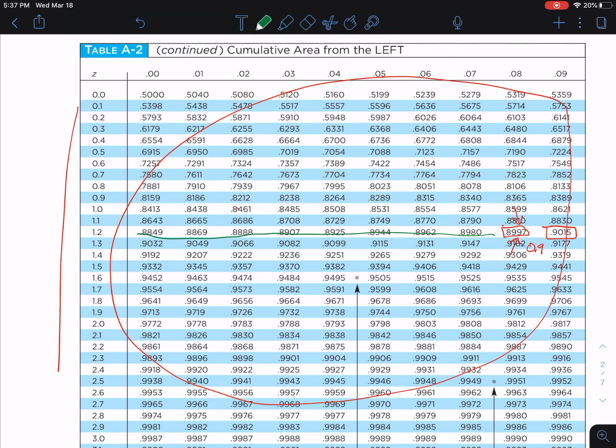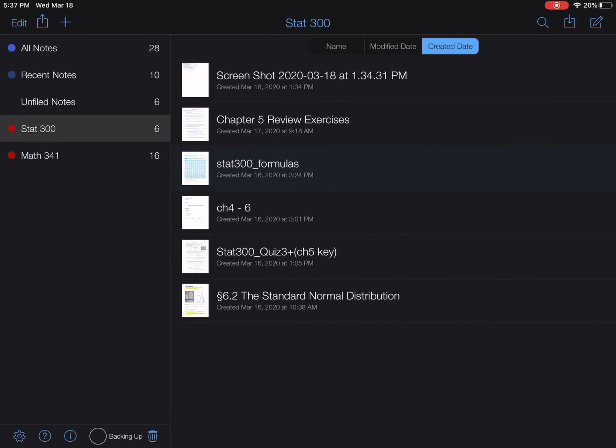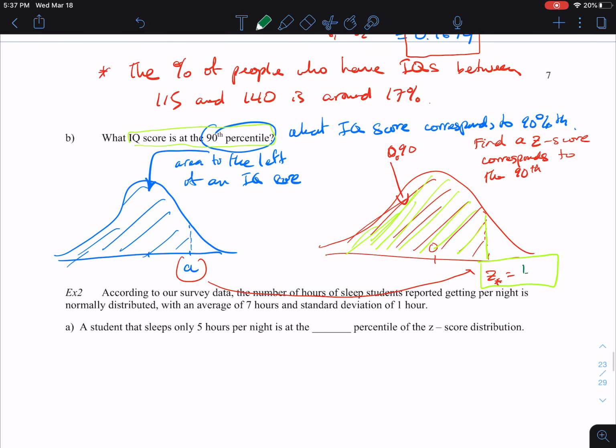Okay, so that's gonna be 1.28 as the z-score. So a score that is at the 90th percentile is 1.28 standard deviations above the mean of all the scores, or the IQ scores.